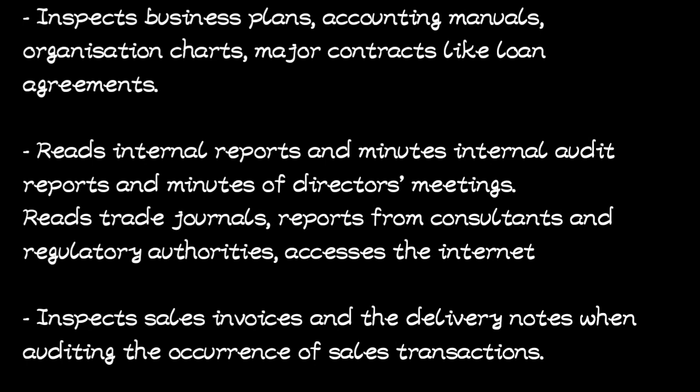Another example of inspection can be inspecting sales invoices and then delivery notes to confirm the occurrence of sales transactions, because employees are capable of recording sales that didn't occur. So you look at the sales invoices and then the delivery notes to see if they match.